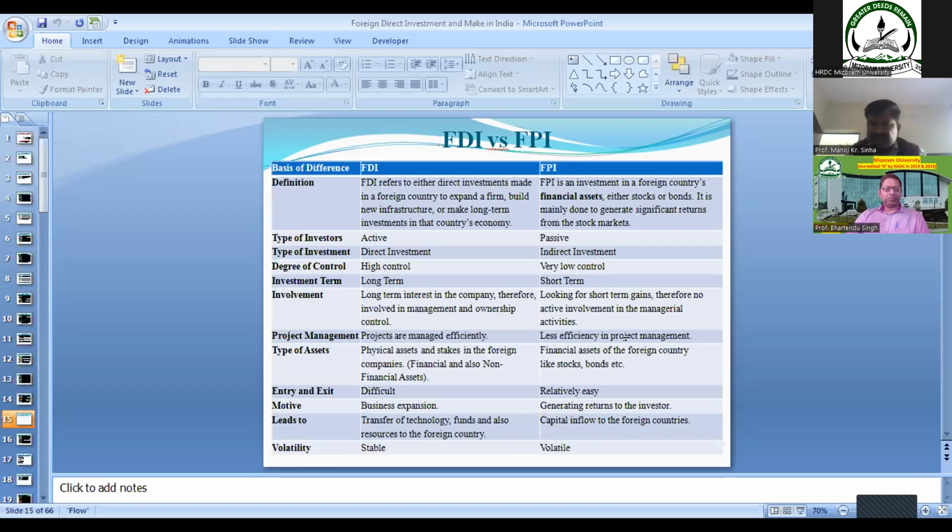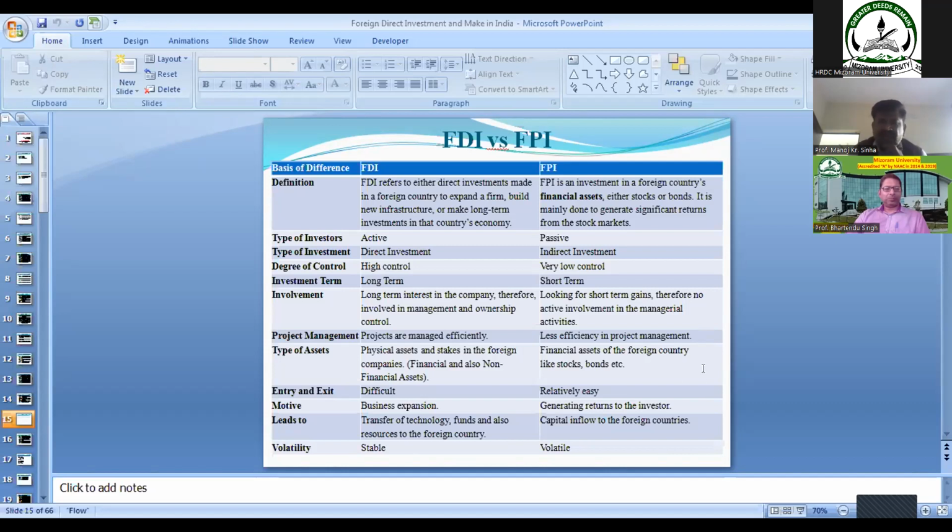In FPI, we can say investment in financial assets. Entry and exit is an important point. In foreign direct investment, it is very difficult to exit from the business immediately. But in foreign portfolio investment, it is relatively easy to withdraw or exit from any country and switch over from one country to another when the rate of return in other countries is high.